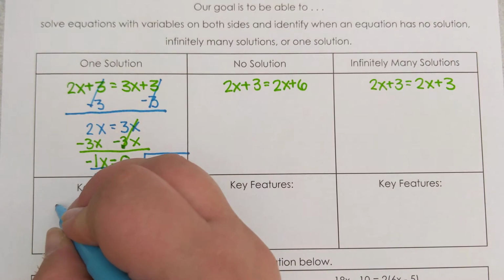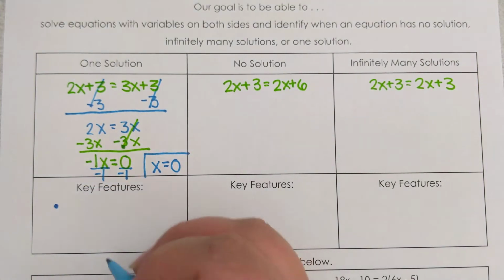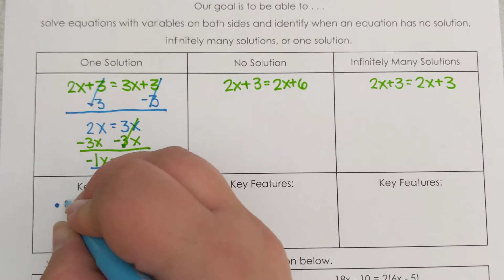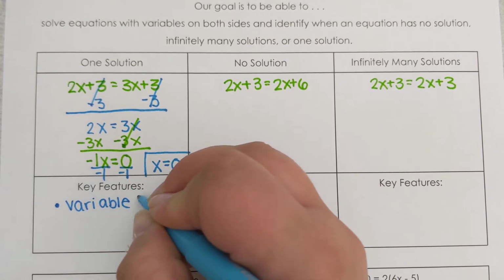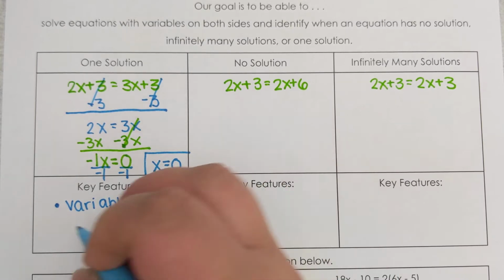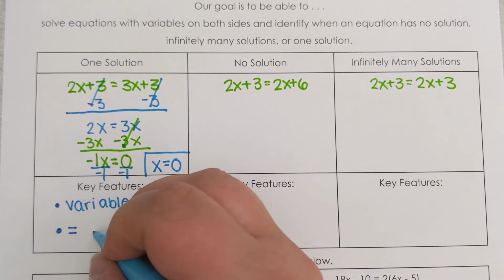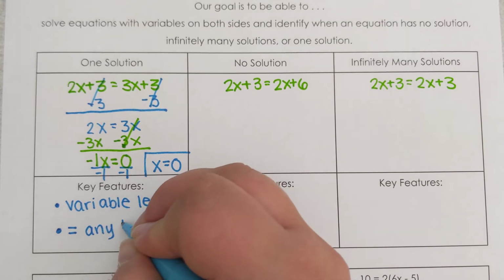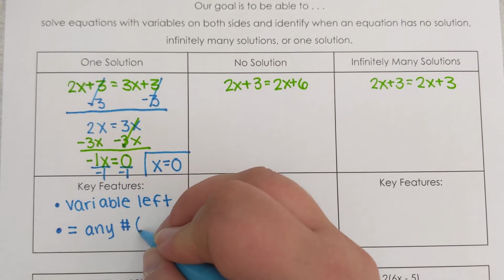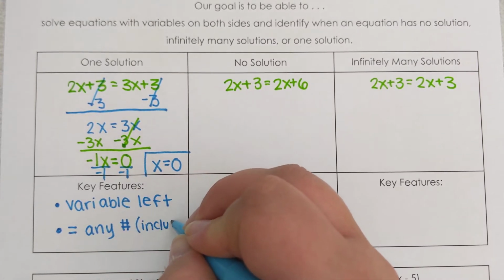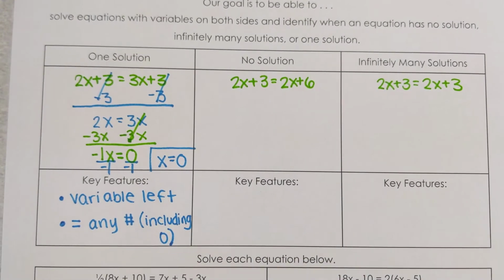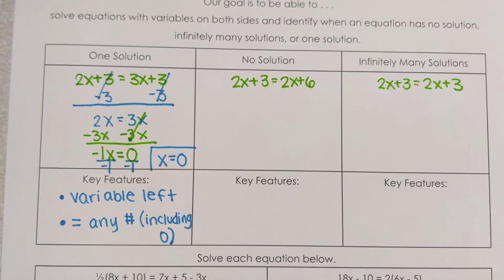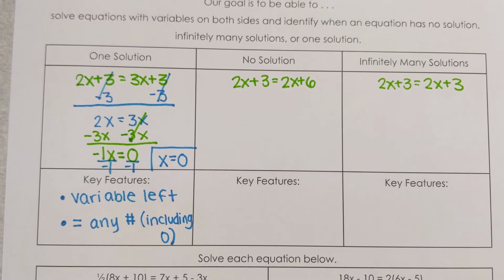So what's going to happen over here is that there is a variable left, and it can equal any number, including 0. So it's okay if it equals a number, even if it's 0. 0 is a perfectly fine answer.